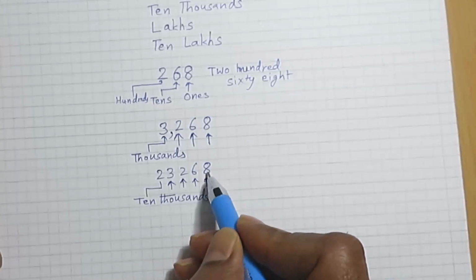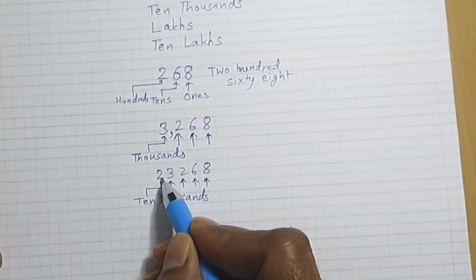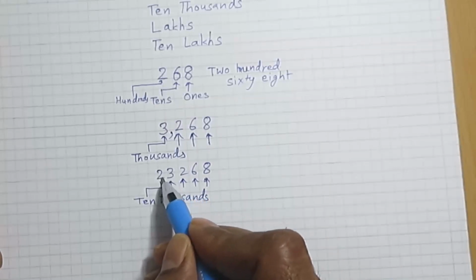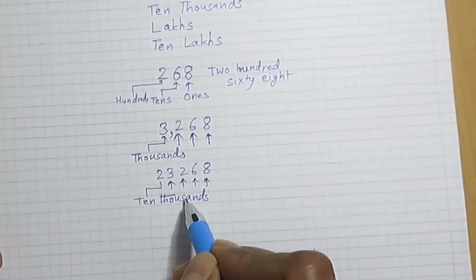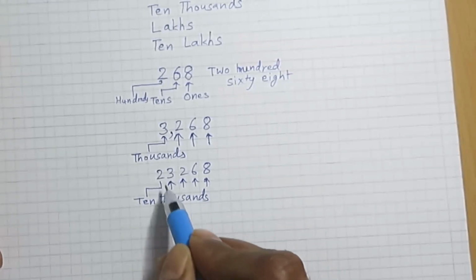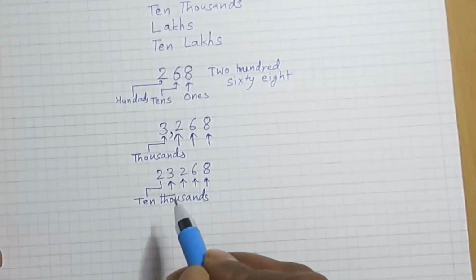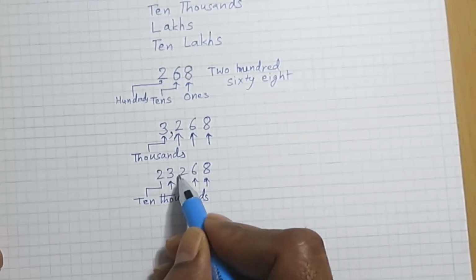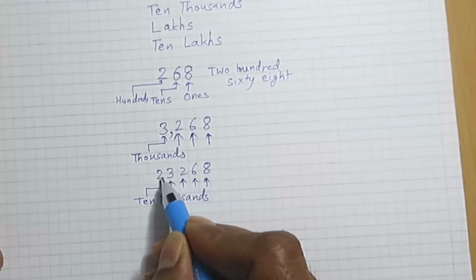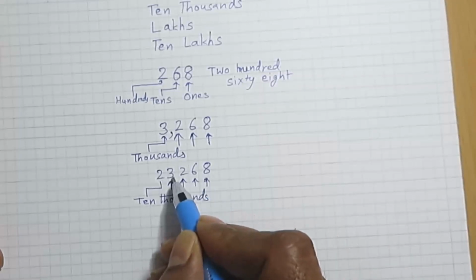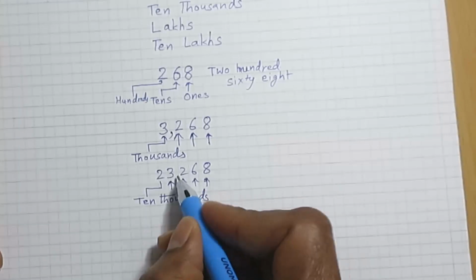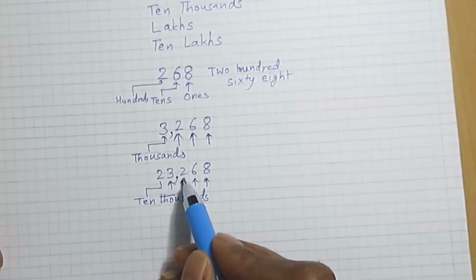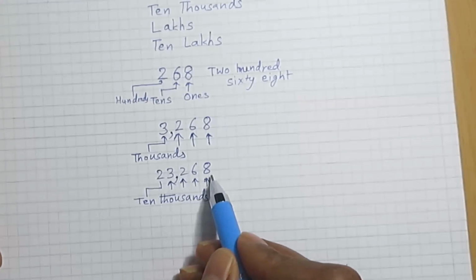That means 1, 2, 3, 4, 5. The fifth digit that we have put is the 10,000s place. So this represents 2 of the 10,000, which means 20,000. And then 3,268. So in total this is 23,268. Again we will put a comma here. So we will write 23,268.